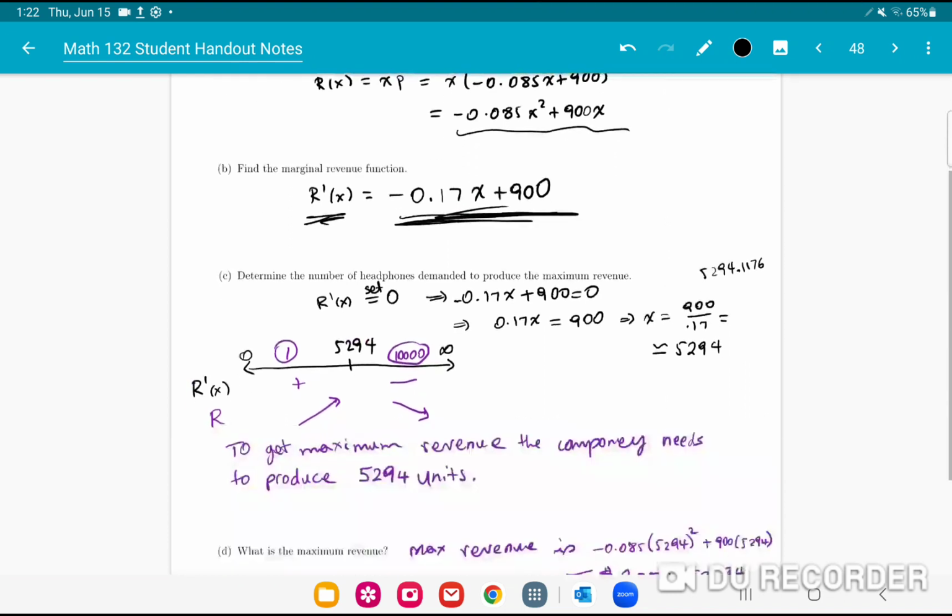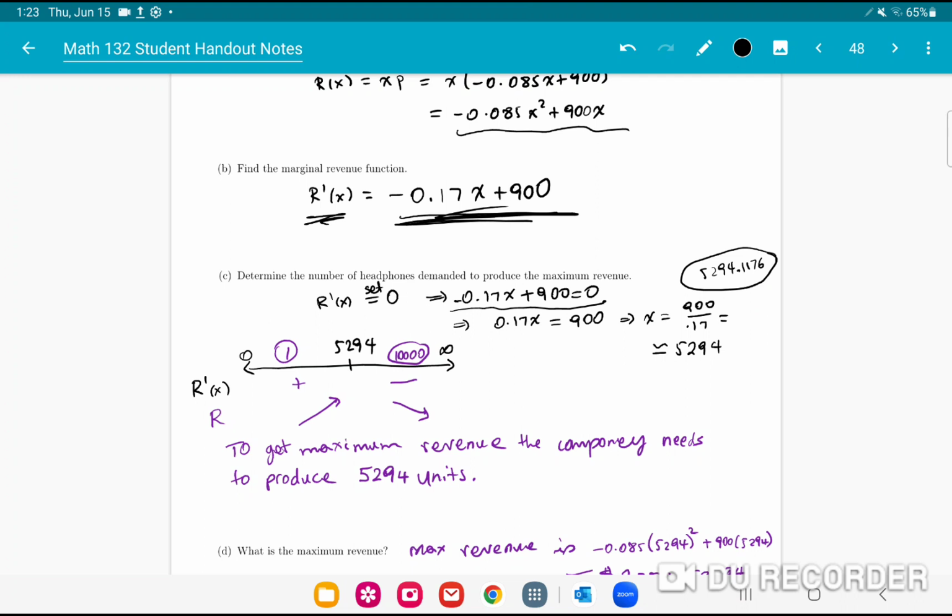That derivative gives me the marginal revenue function. To find the number of headphones demanded to produce the maximum revenue, I set that derivative to 0 and solve, and it gave me this number.